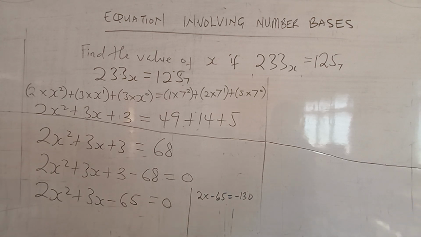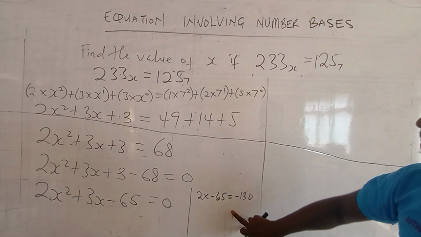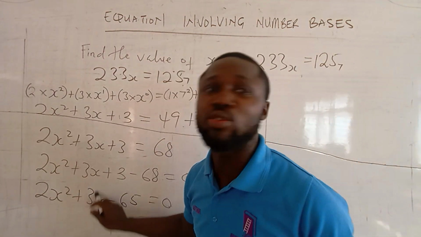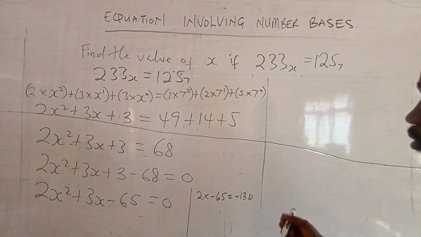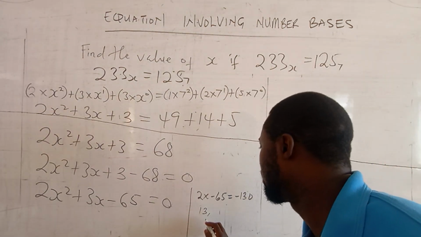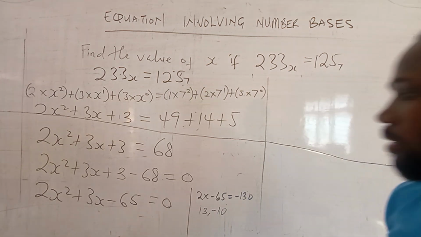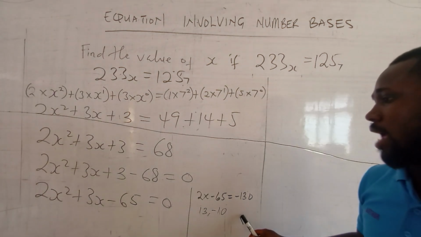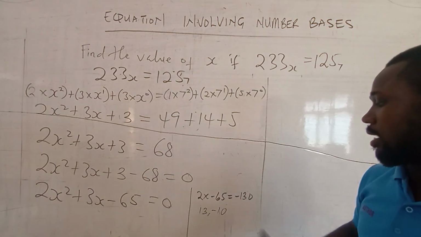Then I find two numbers that when you multiply, you get minus 130, and at the same time, when you add, you get the coefficient of x, which is 3. Which two numbers will help us with that? I believe it to be 13 and then minus 10. Is that okay? 13 and then minus 10. So you realize that we have 13 and then minus 10.